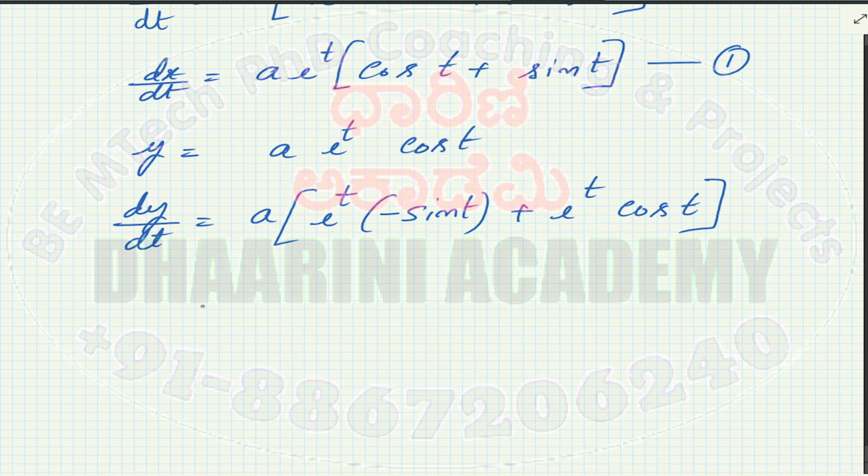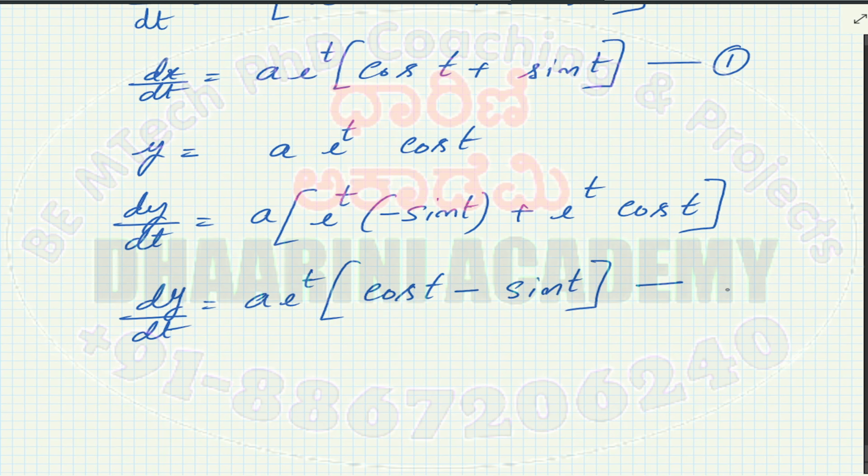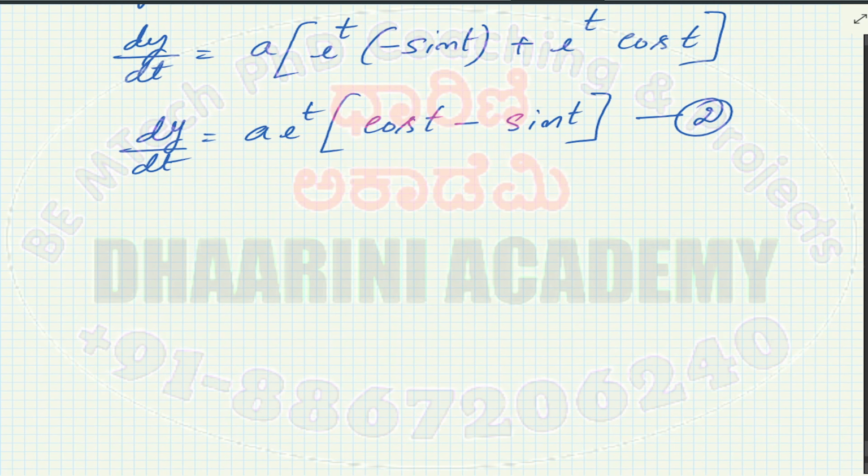So I can write this in this format, that is dy by dt is equal to a into e to the t, I'll write the positive term first, so cos is positive and sine is negative, so call this as equation number 2. So now if you see, this is a parametric format, this is not a straightforward way, this is type 2. So in case of type 2, how do you write?